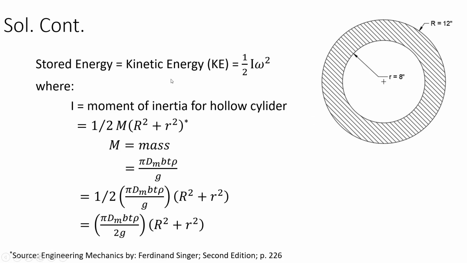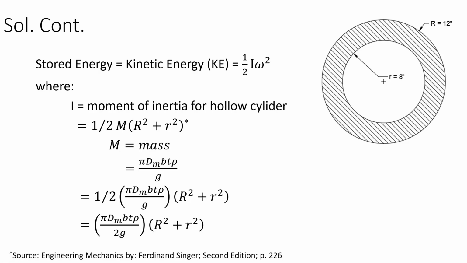For the kinetic energy of a rotational motion, like I said before, it is equal to 1/2 times the moment of inertia and the square of the angular velocity. We have two moments of inertia, the area moment of inertia and the mass moment of inertia.